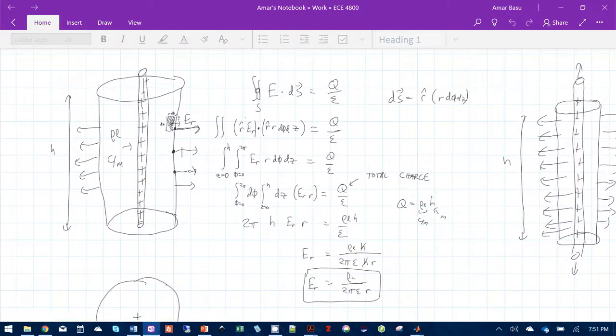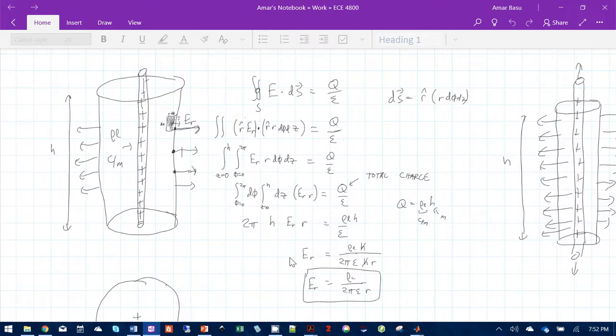This was using Gauss's law to figure out the infinite line problem. So this line was actually an infinite line of charge, right? But we enclosed it with a cylinder, and that cylinder had some finite height h. When we set up the problem, the amount of charge enclosed in that cylinder had an h factor in it, and the surface area terms also had an h factor, so they both ended up canceling out.